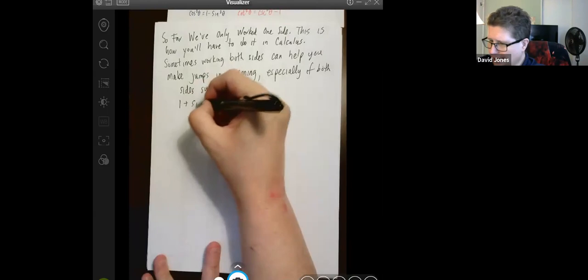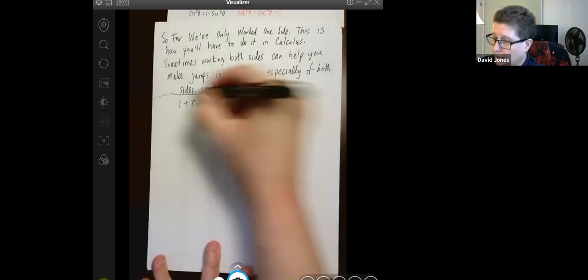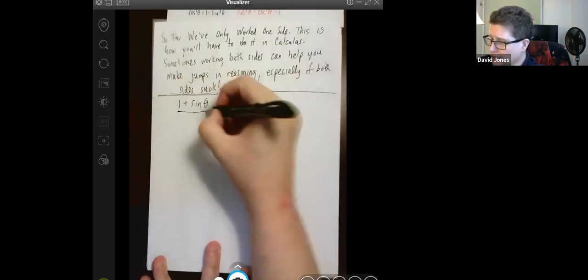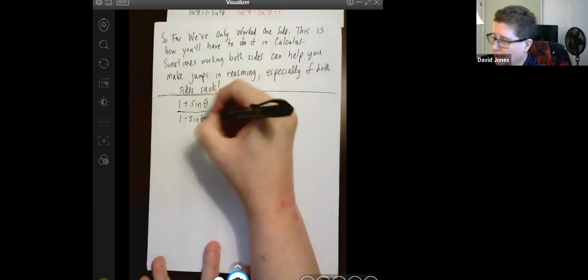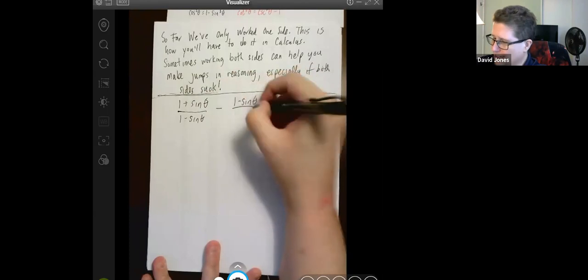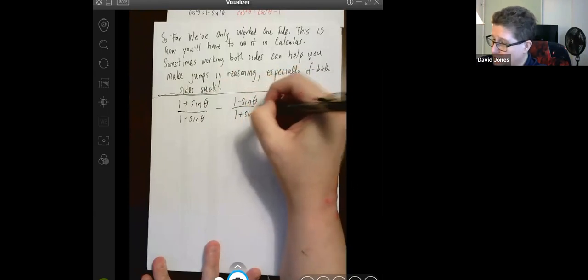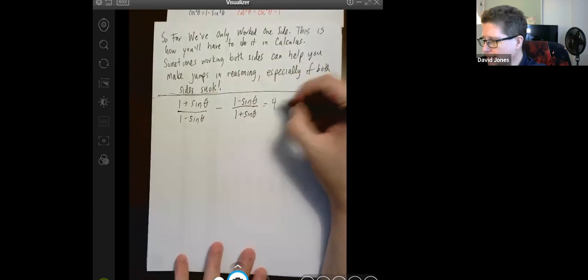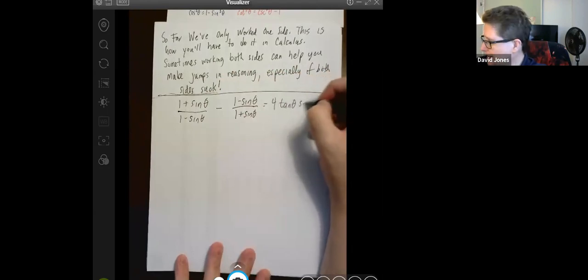One plus sine theta, here's my example. 1 plus sine theta over 1 minus sine theta minus 1 minus sine theta over 1 plus sine theta equals 4 tangent theta secant theta.